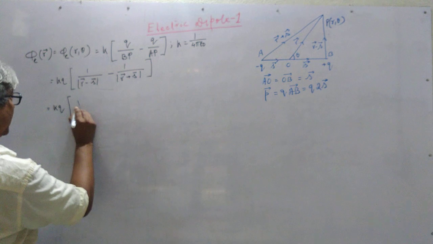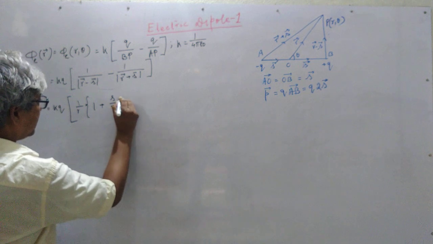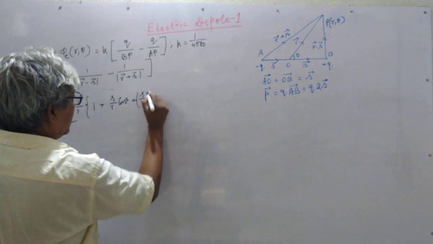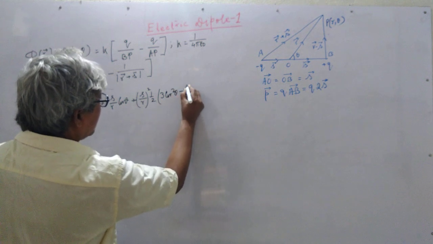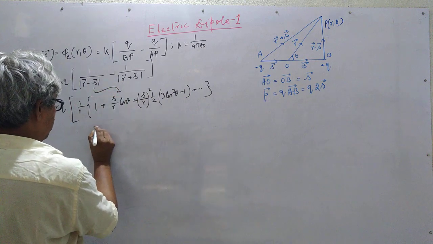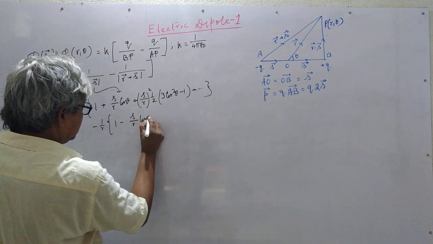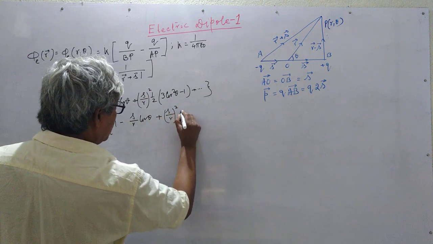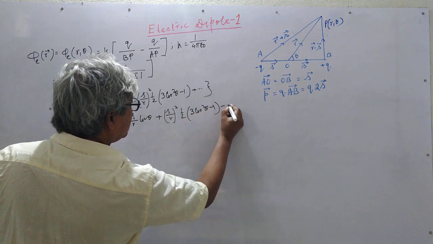From this term, 1 by r times 1 plus s by r cos theta plus, and this is the continuation coming from the other term, minus 1 by r times 1 minus s upon r cos theta plus s upon r whole square times 3 cos square theta minus 1.